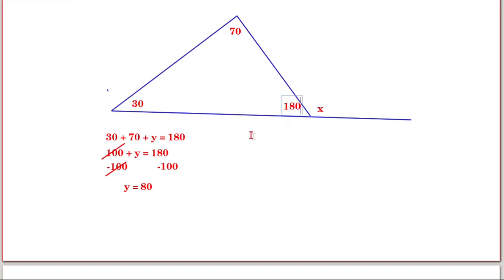Then from there, I can use the concept of angles on a straight line. Angles on a straight line should give me 180 degrees. So this 80 plus the x there should give me 180.